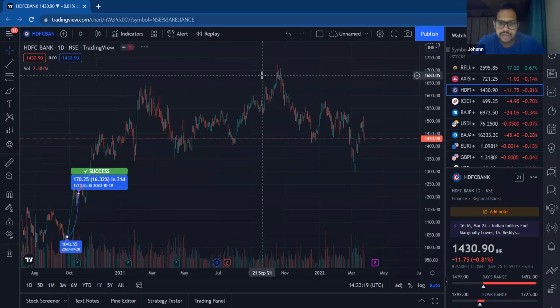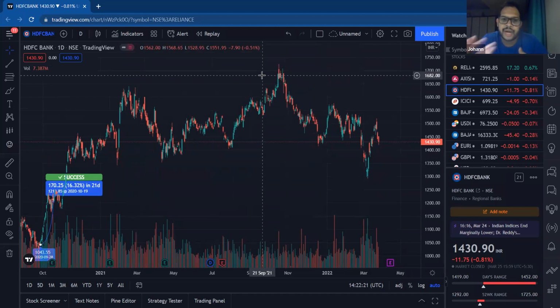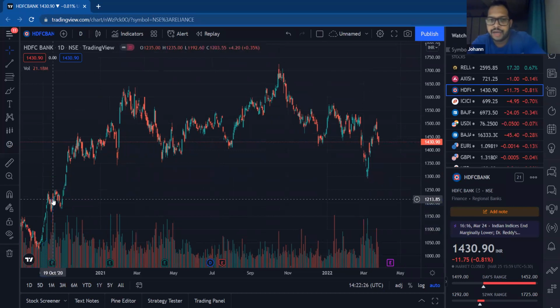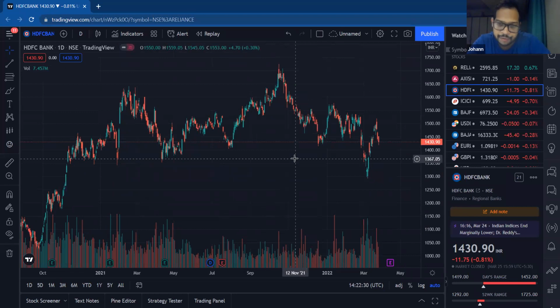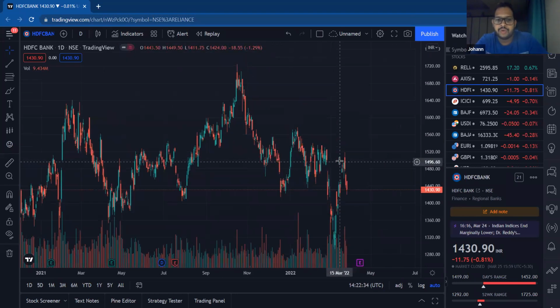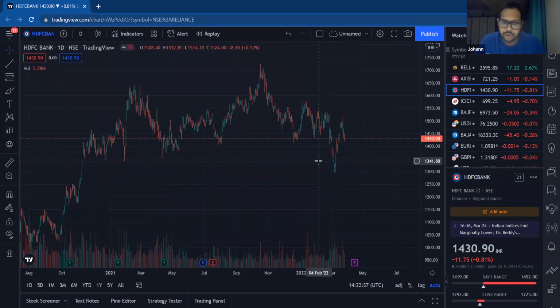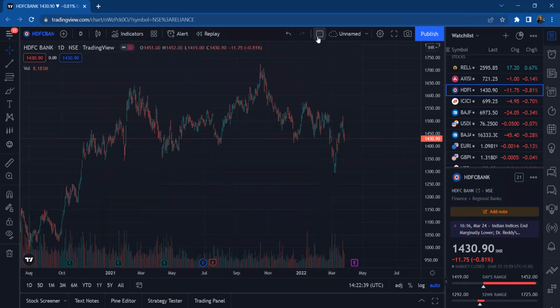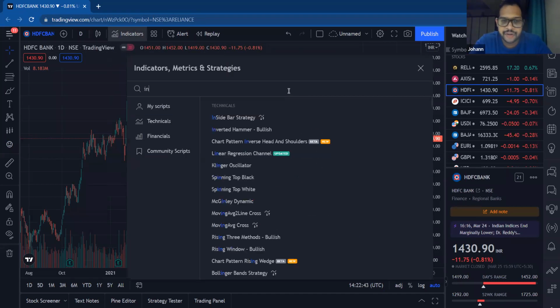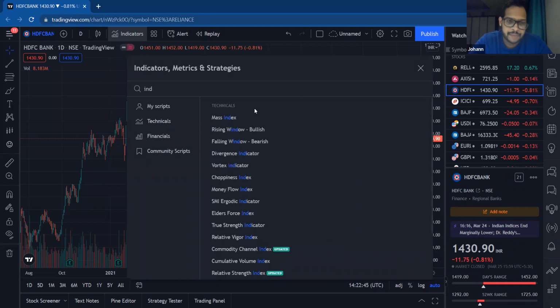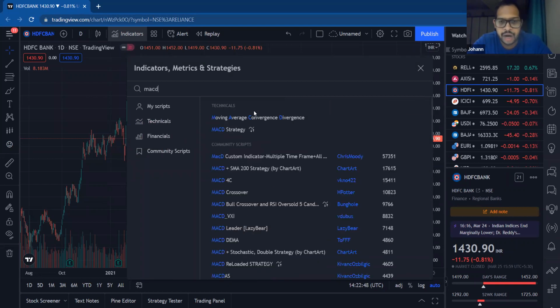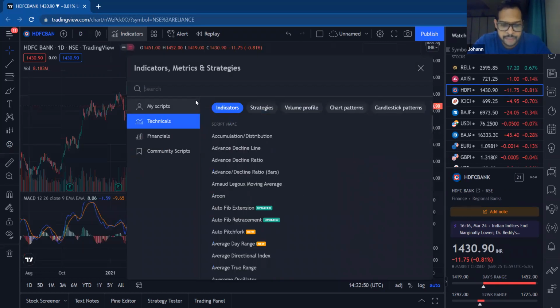How would you judge in which direction the price could probably go? So that is the whole reason why indicators are there: indicators help us forecast what could possibly happen in the future. When we just look at the candles like this, there is no way for us to tell in which direction it could go. So that is precisely why traders use a variety of indicators to help them come to conclusions as to how stuff could move in the future.